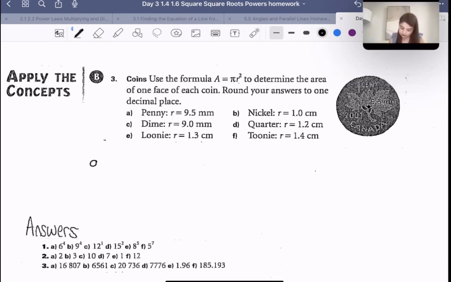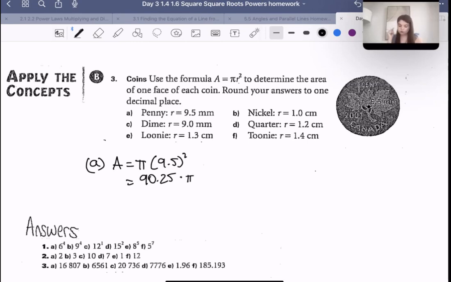So if we say A equals pi r squared, in this case r is 9.5. So we'll do pi times 9.5 squared. So what is 9.5 squared? Let's grab our calculators and find out what 9.5 squared is, or 9.5 times 9.5, same thing. That's going to be 90.25 times pi.